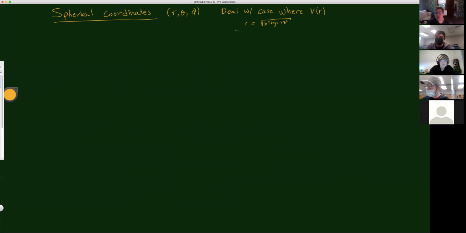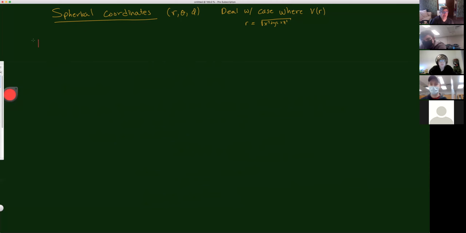So we're going to deal with those cases only, and we're going to look for separable solutions. First, we have to actually write down the TISE, because it's kind of nasty in spherical coordinates. And then we'll look for separable solutions. So let's deal with the TISE, and I'm going to put it here in red.